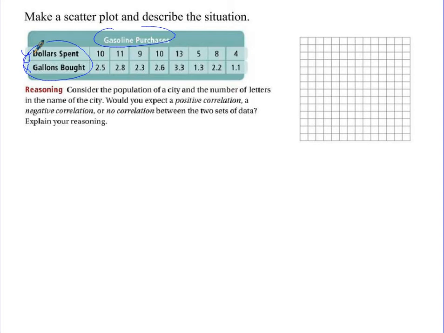That's pretty straightforward. So what do I do now? So on the graph, what do I do first? Bottom left. How come I can go in the bottom left here? Can't have negative gallons, can't have negative dollars spent. Now what?